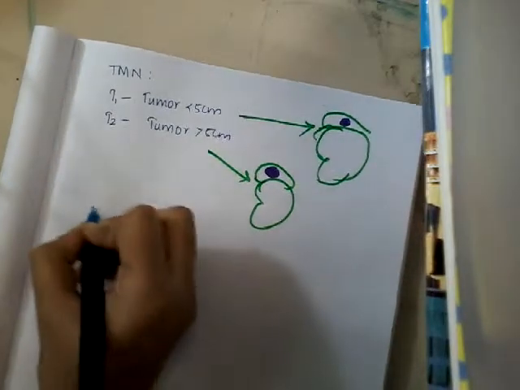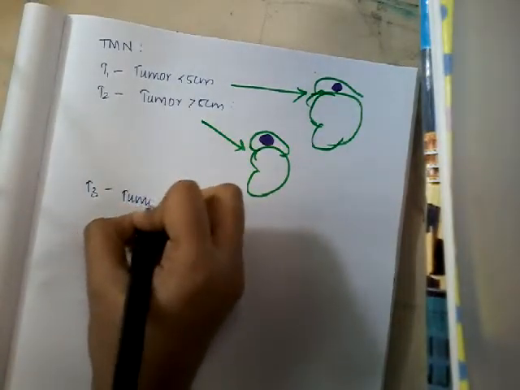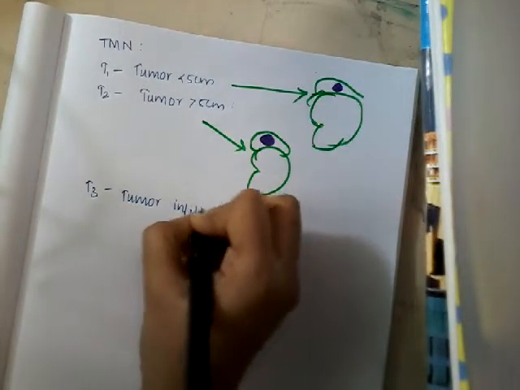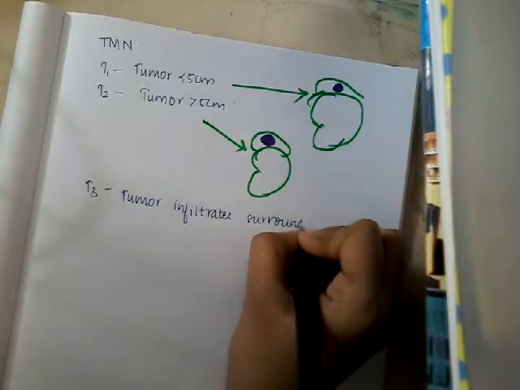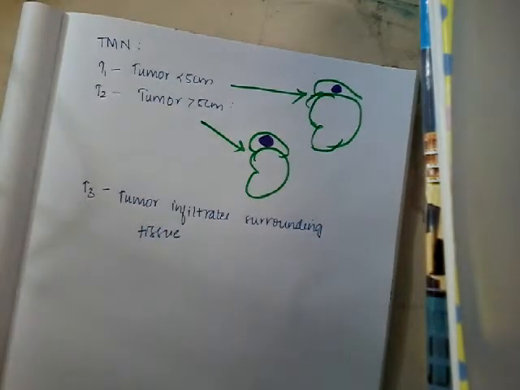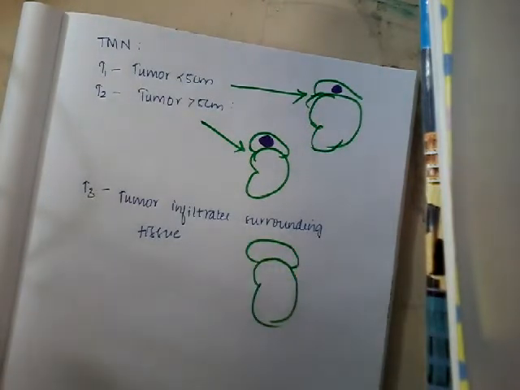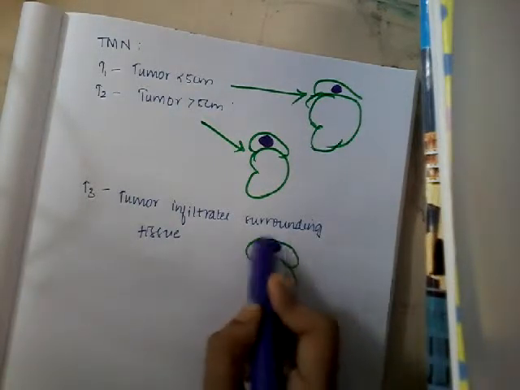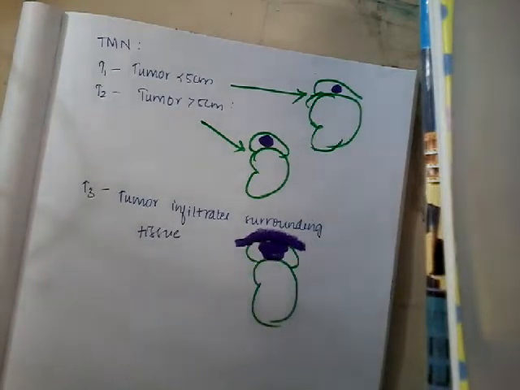Then T3, if the tumor infiltrates the surrounding tissues. If this is the kidney and the tumor is present in the adrenal gland and infiltrates the surrounding tissues also, that is T3.